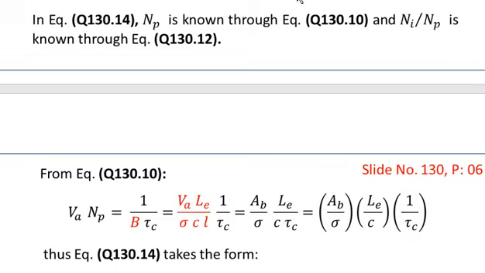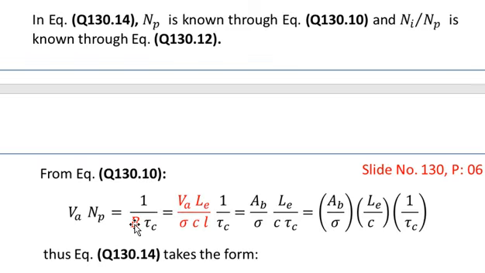Okay, so let's first of all solve this one. Va times Np, and you know that this is equal to 1 over B times tau c. That is from equation number 10. You can see from equation number 10 that Va times Np is equal to 1 over B times tau c.